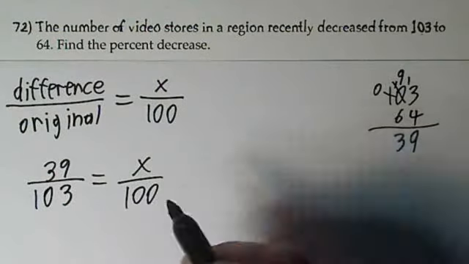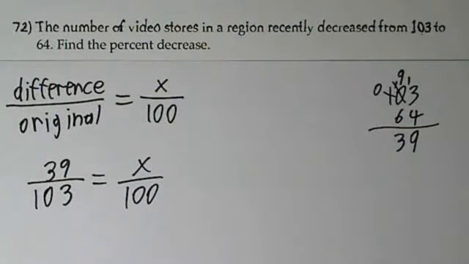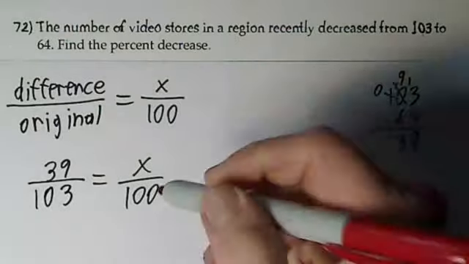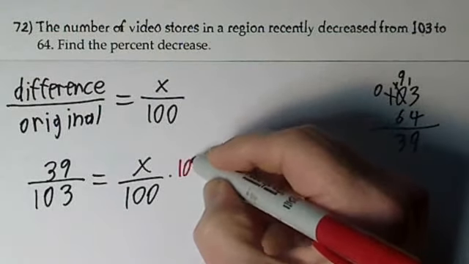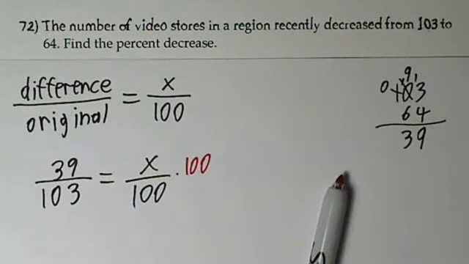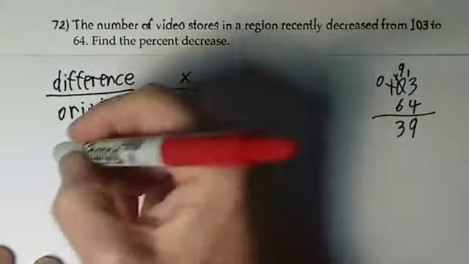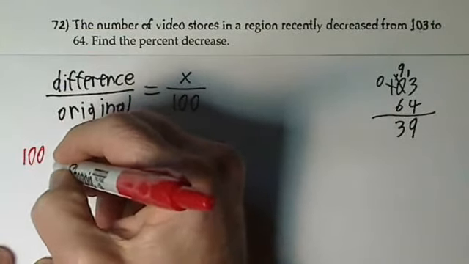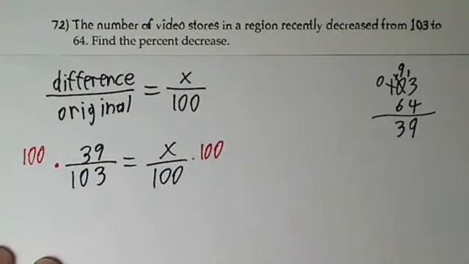And now we solve for x. You want to get rid of that 100, so you multiply each side by 100. If it helps you to see that as 100 over 1, that's fine.